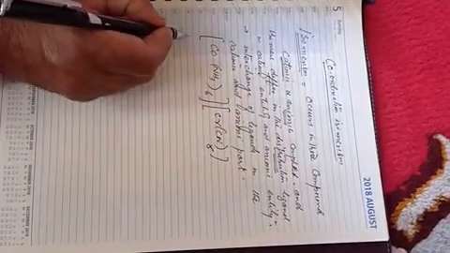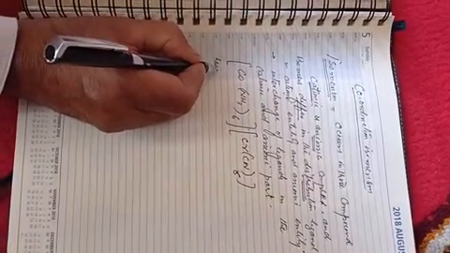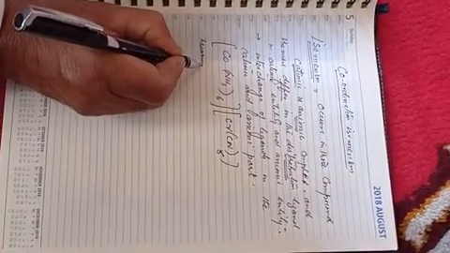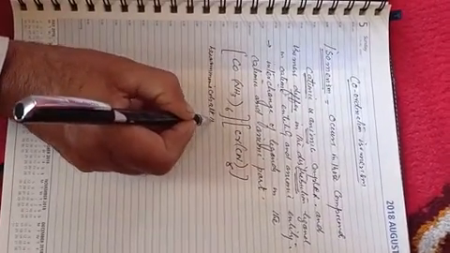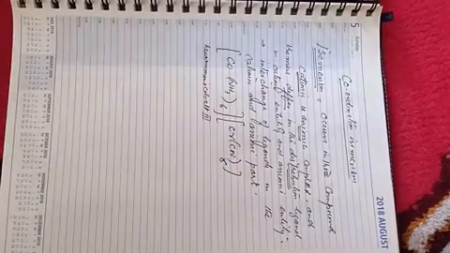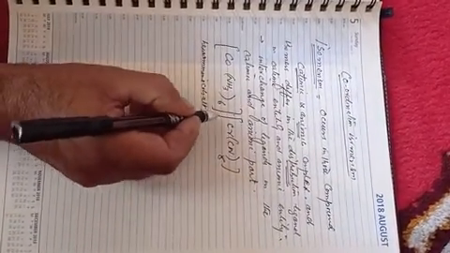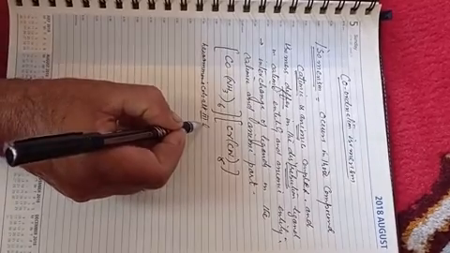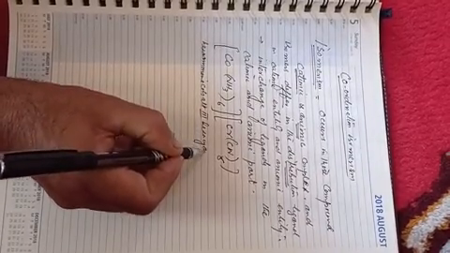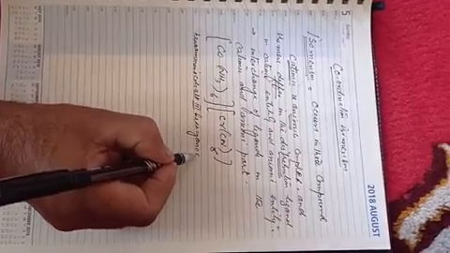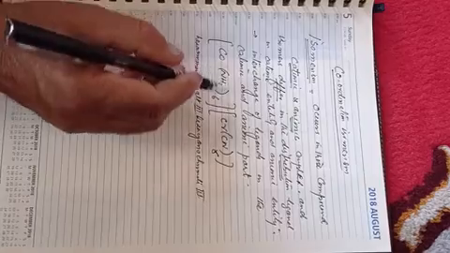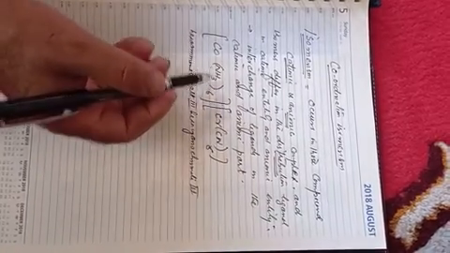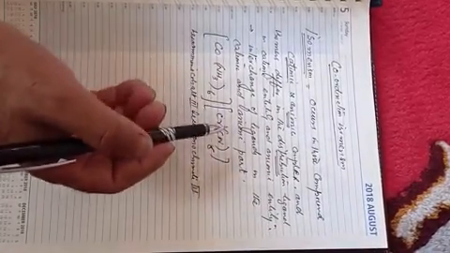It is hexaamminecobalt(III), and this compound here is hexacyanochromate(III). Now here there occurs interchange of ligands between different metals.